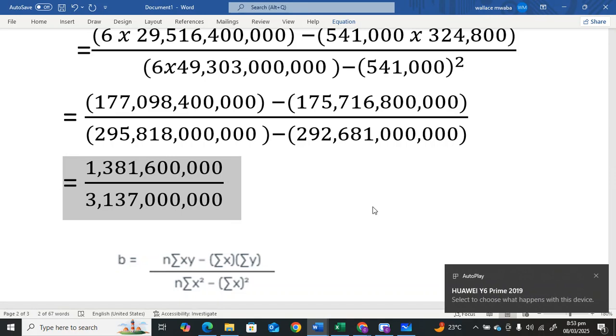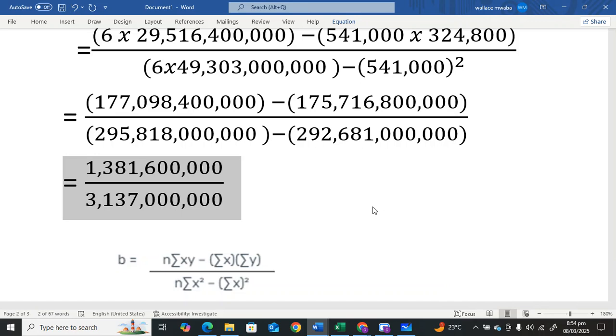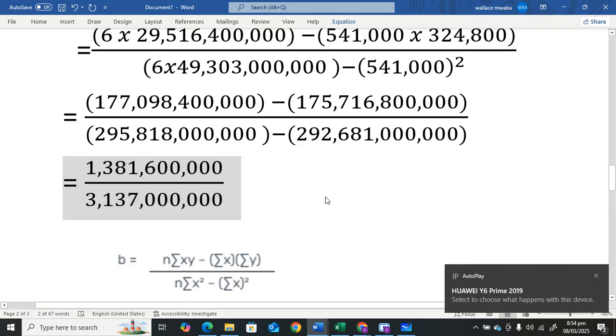So 1,381 divided by 37. Yes, so we're getting 0.44.